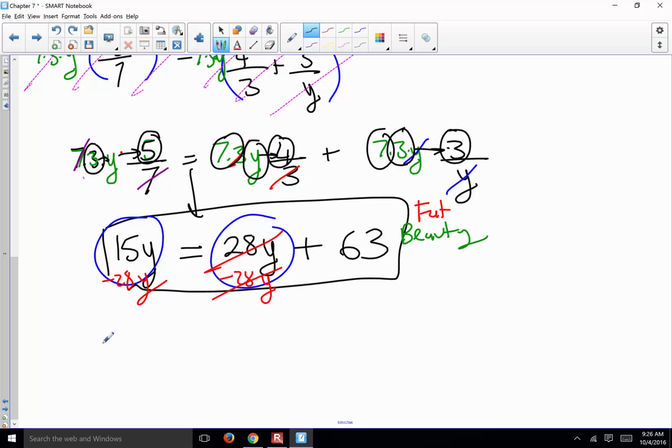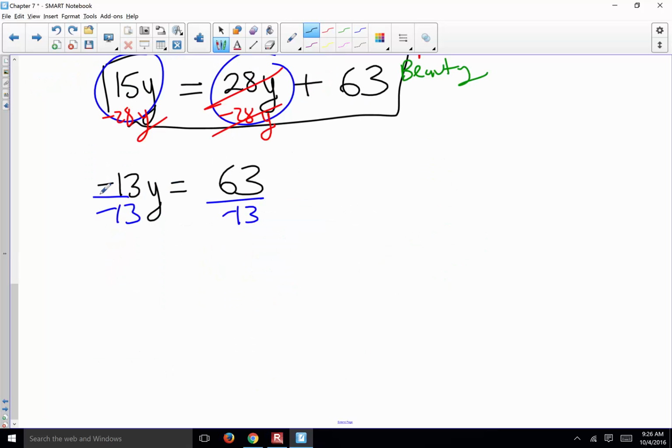And 15 take away 28 is negative 13. And I divide both sides by negative 13 now. I don't like the numbers though, but what can we do? Y is negative 63 over 13. That's it.